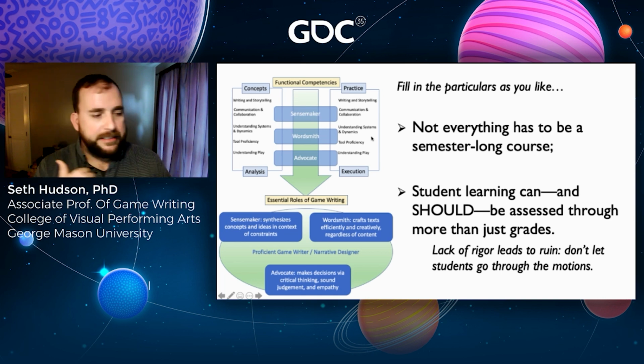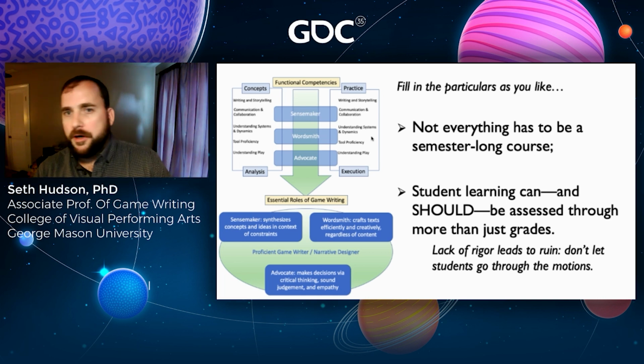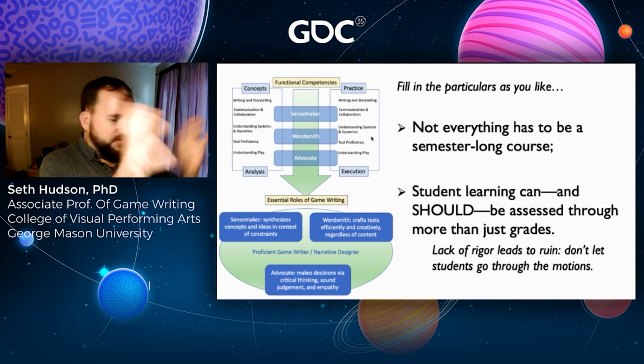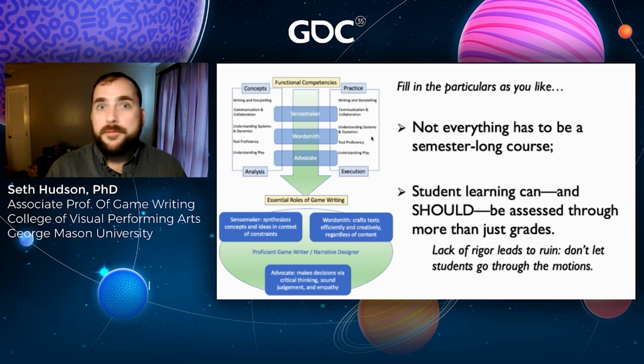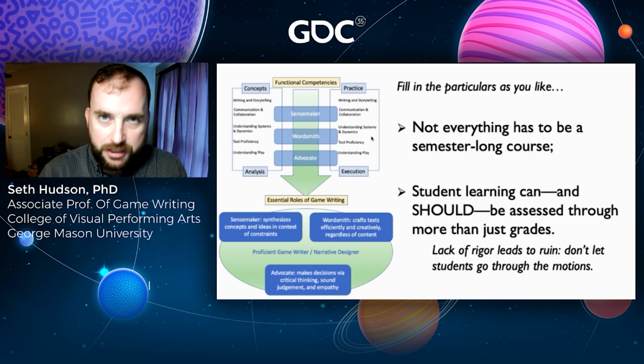But so, tying it all together, or at least attempting to, looking at these functional competencies, but then what different coursework or sequence of courses or even workshops and things. Not everything has to be a course.